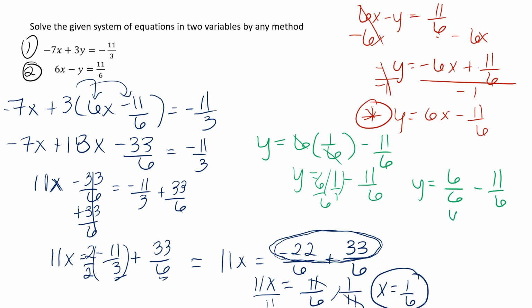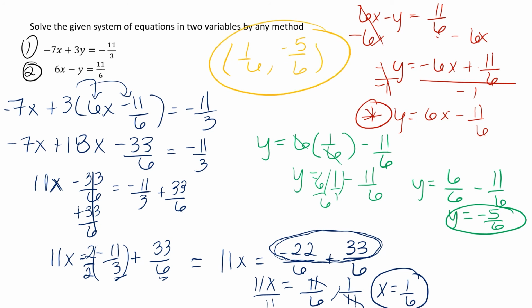So I get y equals negative 5 over 6. So x equals 1 over 6 and y equals negative 5 over 6. Remember, I am not done there. Now we need to put them in coordinate form. So 1 over 6, comma, negative 5 over 6. And that is my answer.